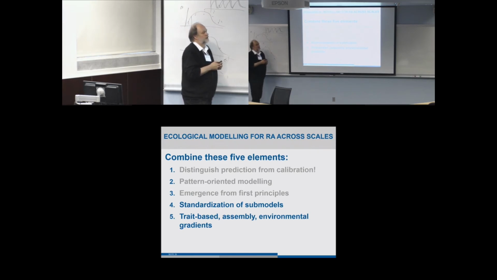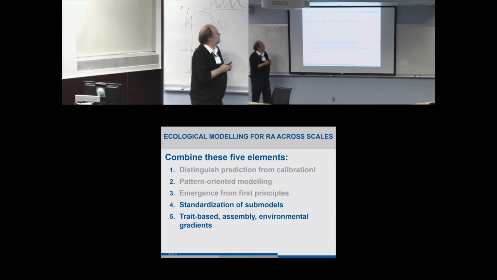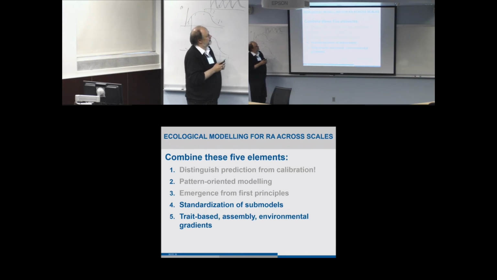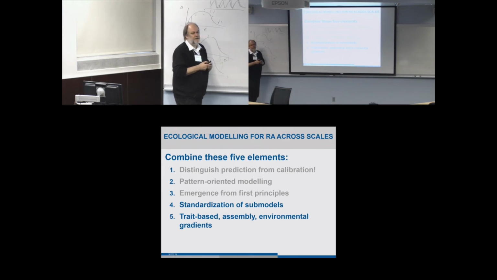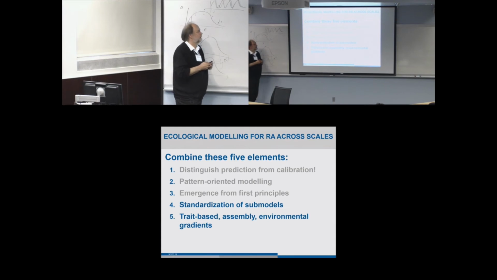But now, it's hard enough to develop an individual-based model of populations, but what about communities and ecosystems? And here the advice is to combine these 5 elements, maybe more, but these 5 I could think of, and then developing models even of communities and ecosystems becomes feasible.